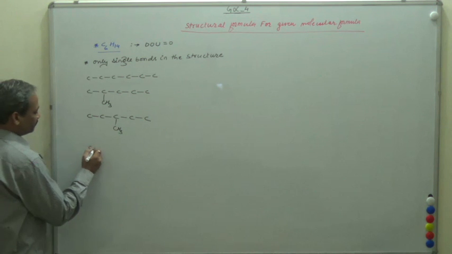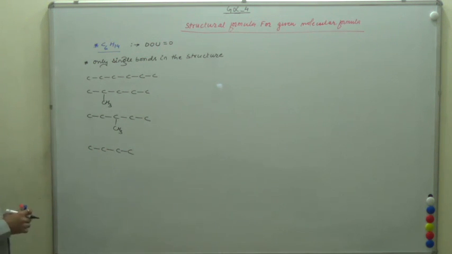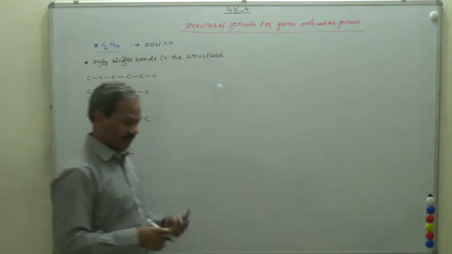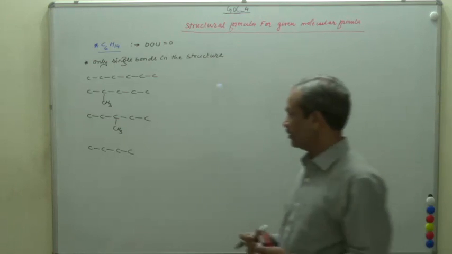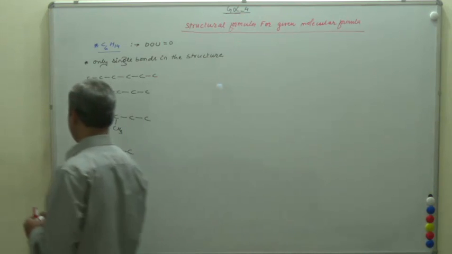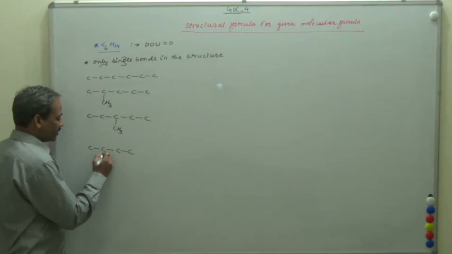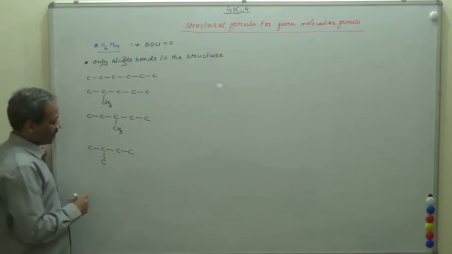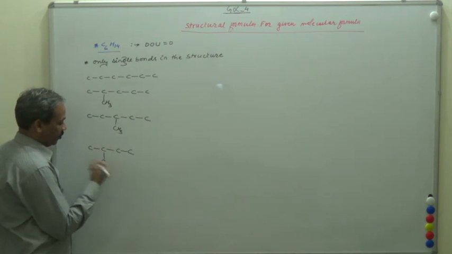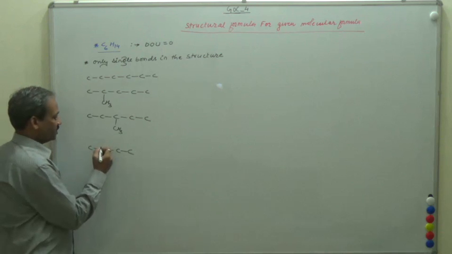In the next category, we will further reduce the length of the chain and now we are left with 2 carbon atoms. These 2 carbon atoms can be placed as 2 side chains. So first I will place one of them and then we will plan different positions for the second side chain.